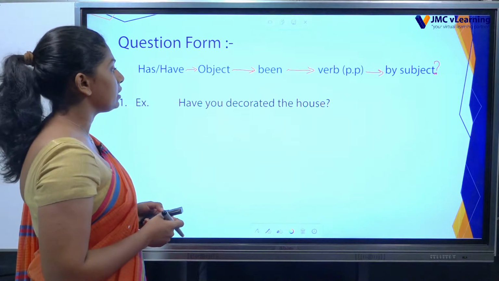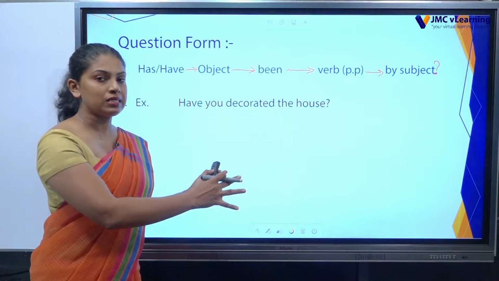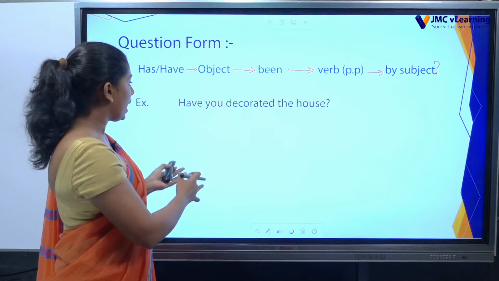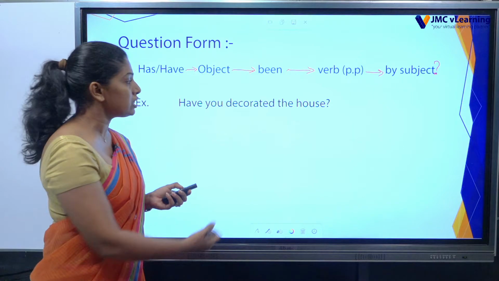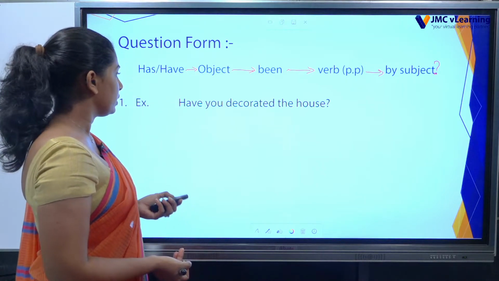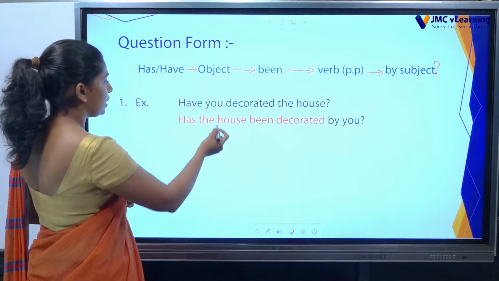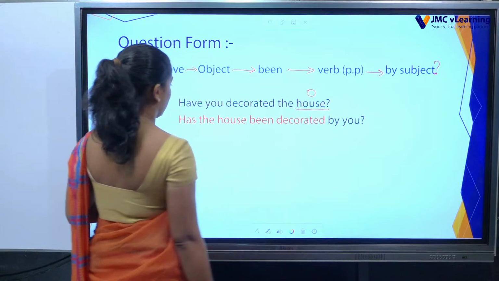Have you decorated the house? This is active voice. In active voice I am asking a question in present perfect tense. Have you decorated the house? So how can we turn this into a passive voice question in present perfect tense? Let's see. Right. Now the object is what? House. The object is house.